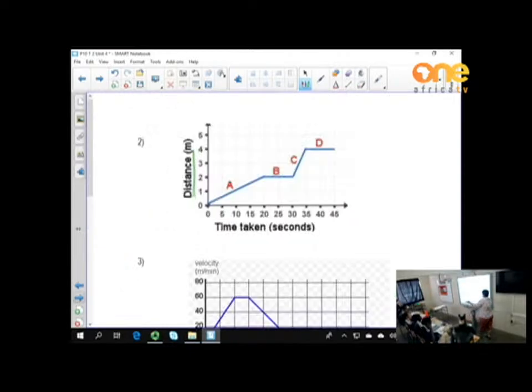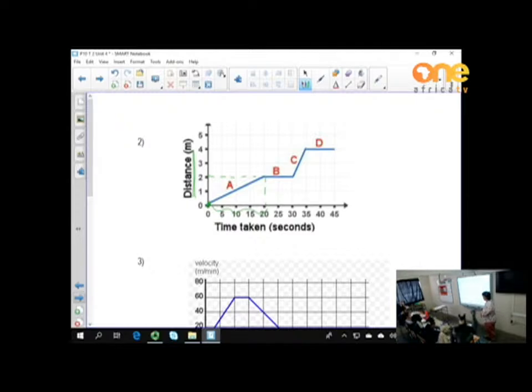Now, a car starts from rest, and it travels at constant speed for 20 seconds, covering a distance of 2 meters. Yes? Well, it doesn't really matter.